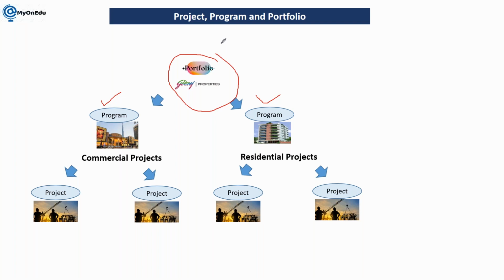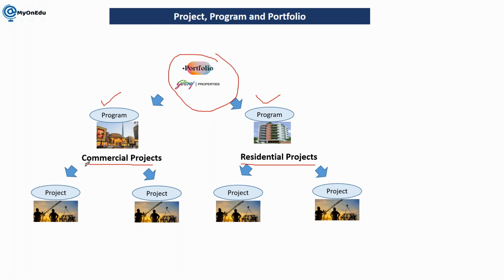A program is a group of similar projects. If you see commercial projects, they have similar kinds of projects within them. Similarly, residential projects have similar kinds of projects within them.